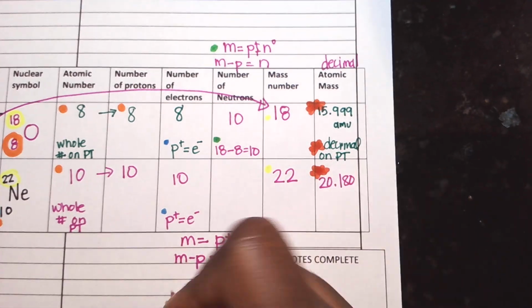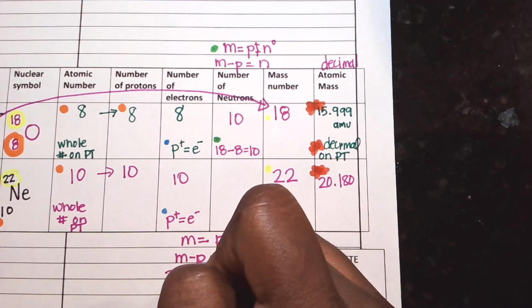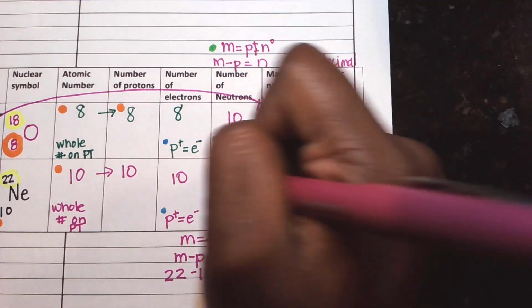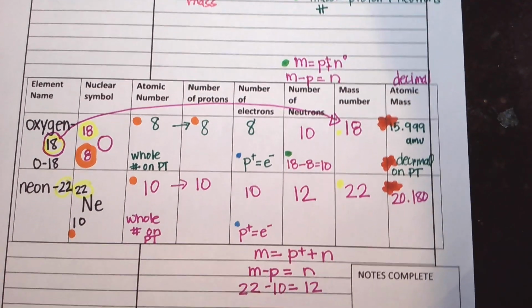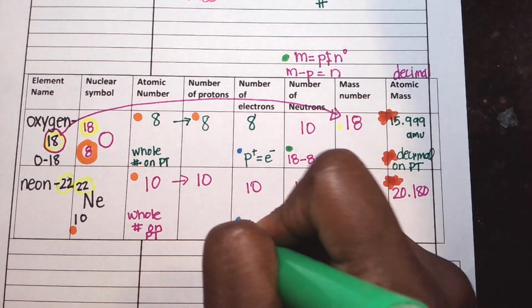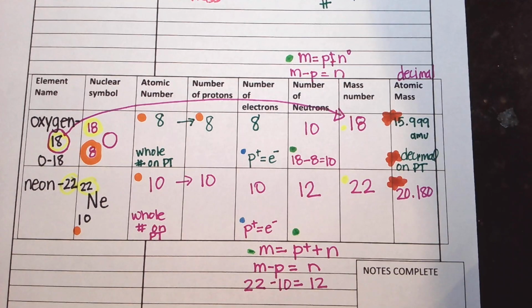So if the mass number is 22 and the proton number is 10, this is going to be 12. So in order to figure this one out, we use this. I'm showing you the dots so that you can see how all of the different math is kind of connected. But that's it.